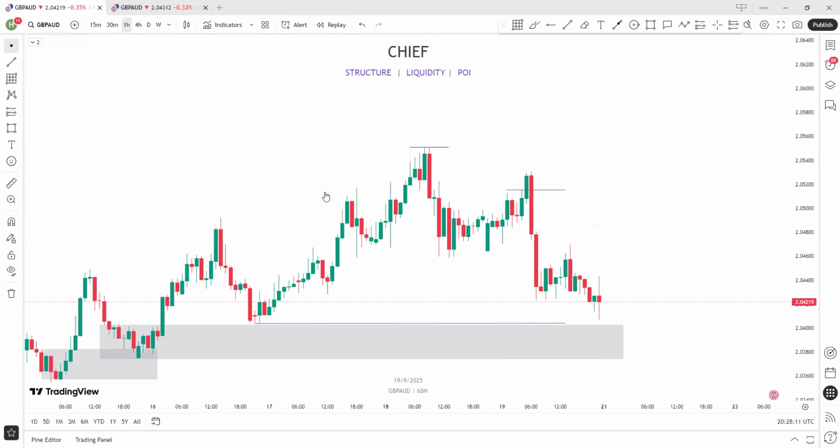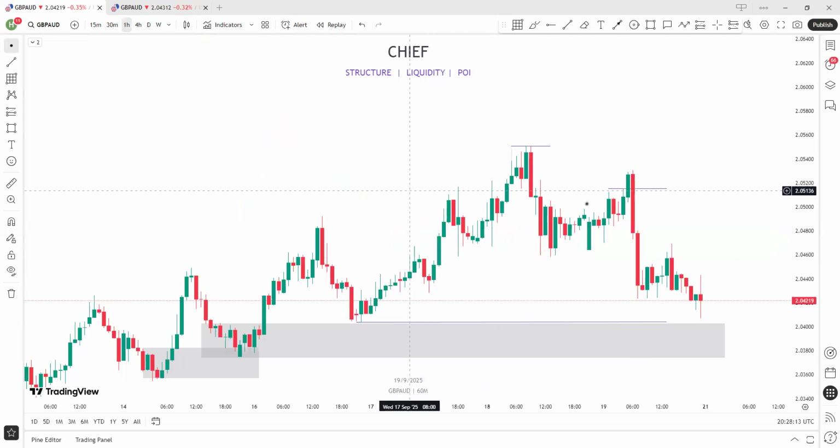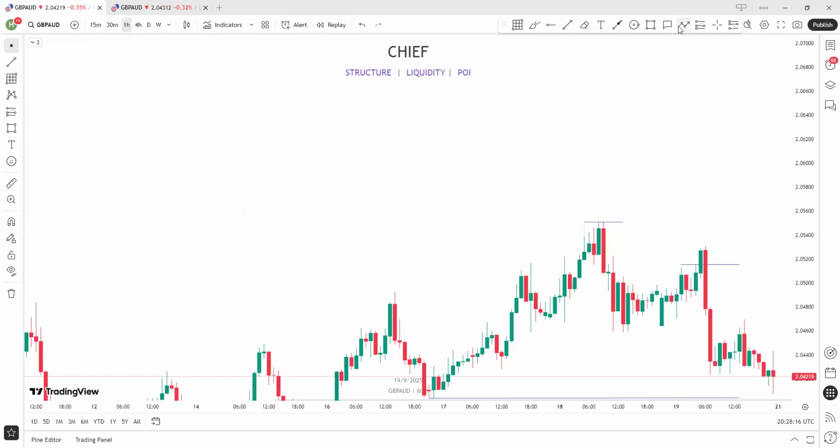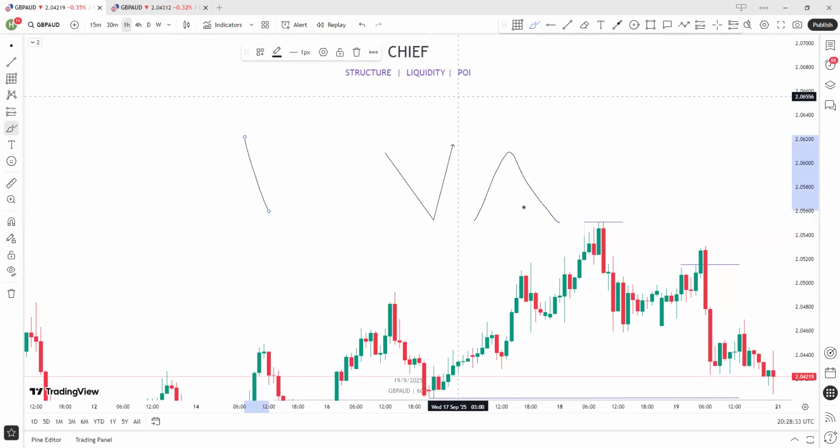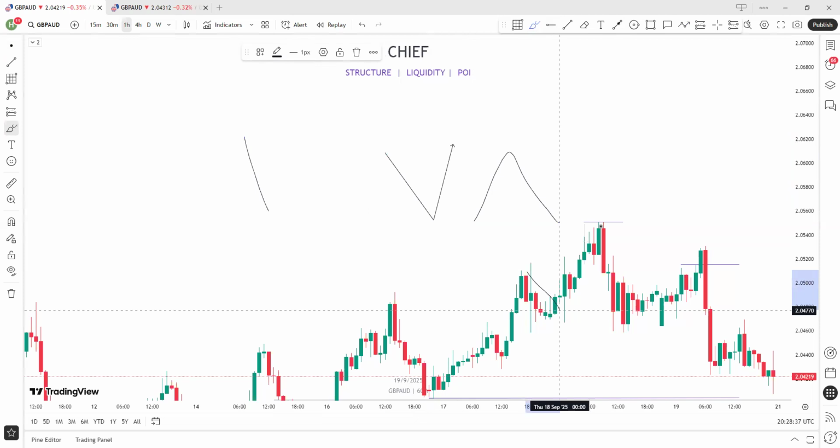Another thing I think I should add is that for a structure to be valid, and I think I've talked about it, but let me just specifically say it, it must form structure like this. V or A shape. I've been emphasizing this stuff. Not just one candlestick. It must form structure like this. V or A shape. Just like these ones.